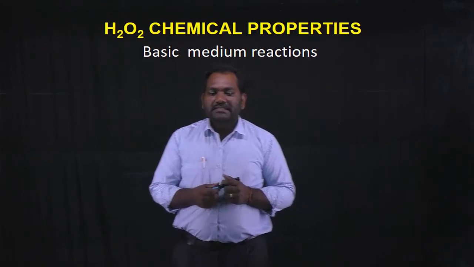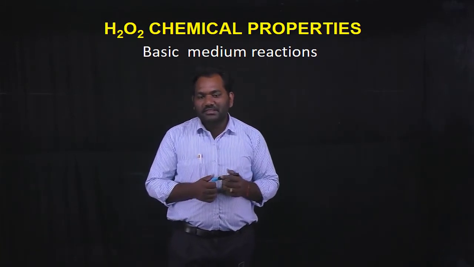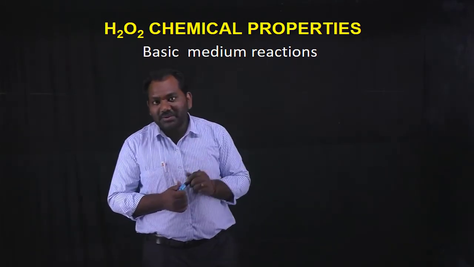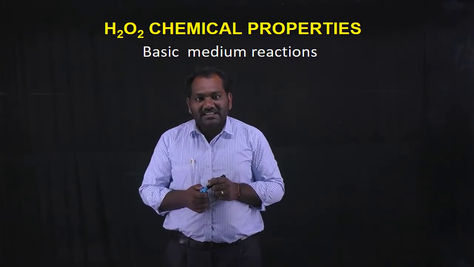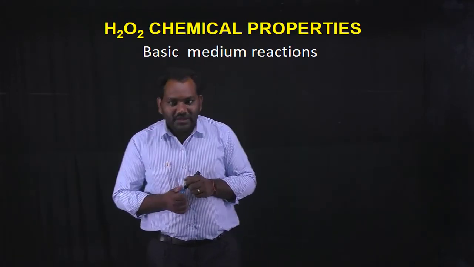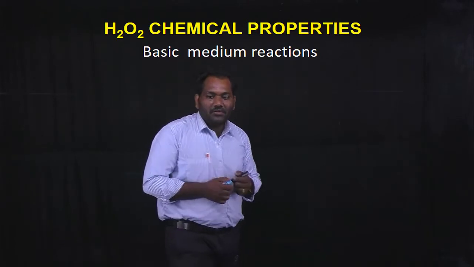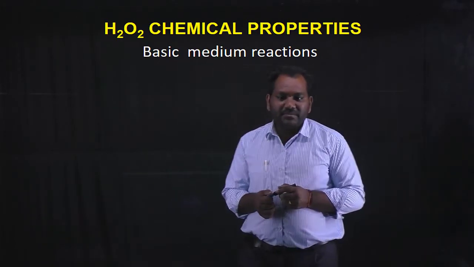Let's discuss some basic medium reactions. Already I told you that in basic medium it also acts as an oxidizing agent as well as a reducing agent. Let's discuss some oxidizing reactions in basic medium.